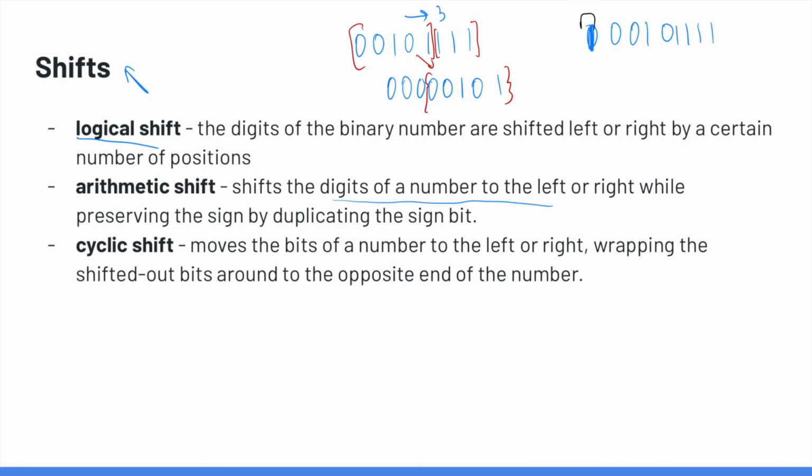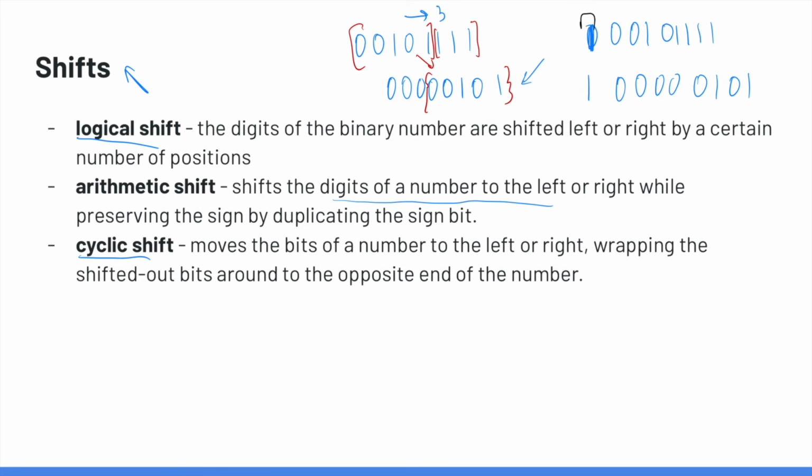Then we are literally moving everything except for the sign bit. So we would have 1, and then 0, 0, 0, 0, 0, 1, 0, 1. So basically everything we have here, but the sign bit would just stay the same and not change.